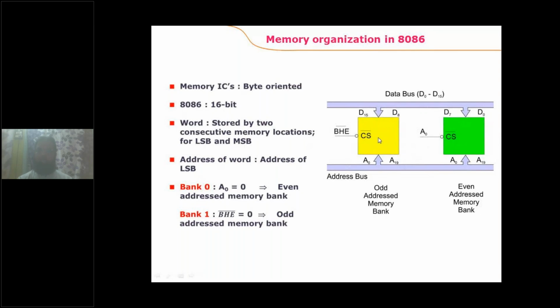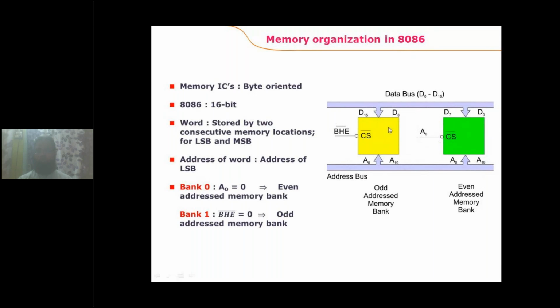In order to access a location of this chip or this chip, the number of address lines the memory chip has is 14. 2 power 14 is nothing but 16 kilobytes, while 2 power 16 is nothing but 64 kilobytes. So each memory chip is 16 kilobytes.